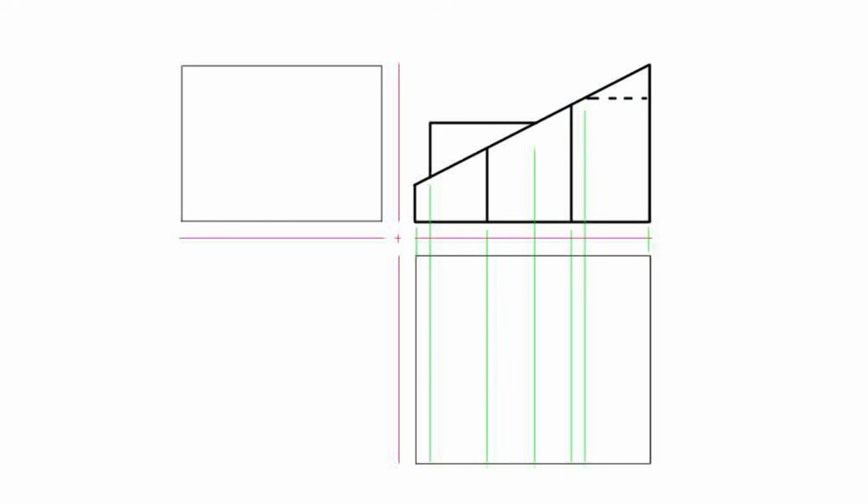This gives us the width of each feature. Now, we need the depth information. We get the depth from the isometric drawing, which is measured along the y-axis. So, by projecting vertical lines from the front view and combining them with the depth information from the isometric view, we can accurately place each feature in the top view.